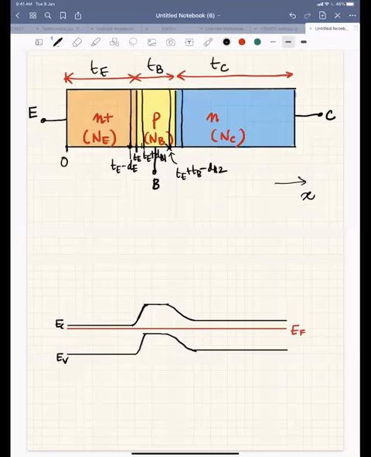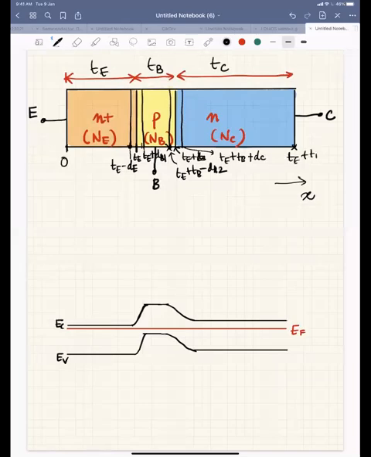So this part here is TE plus dB1, and this part here is TE plus TB minus dB2, and this is the total, TE plus TB plus TC.